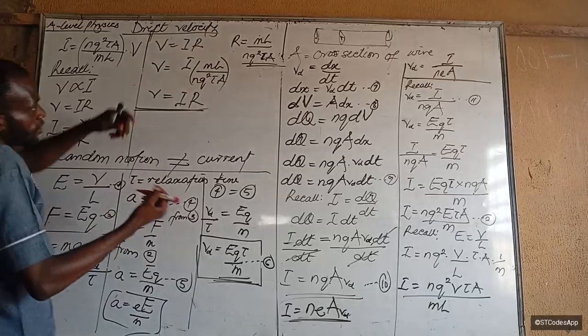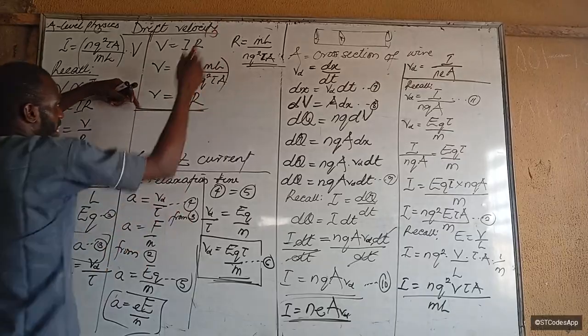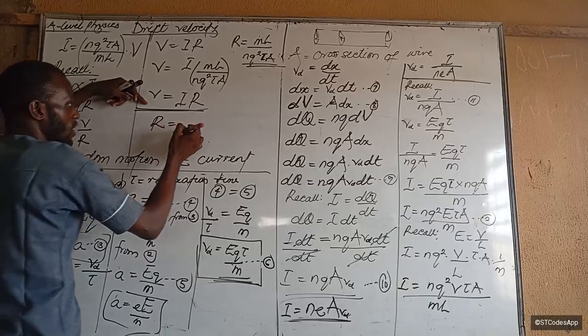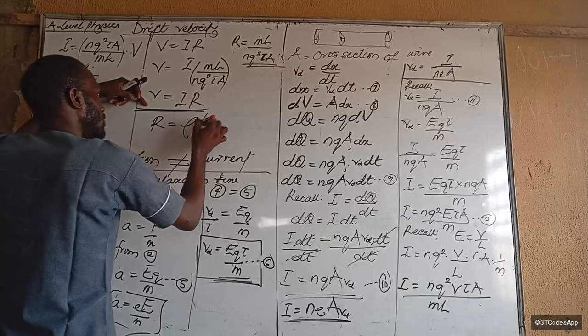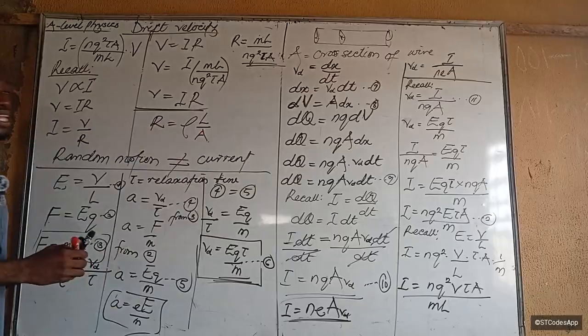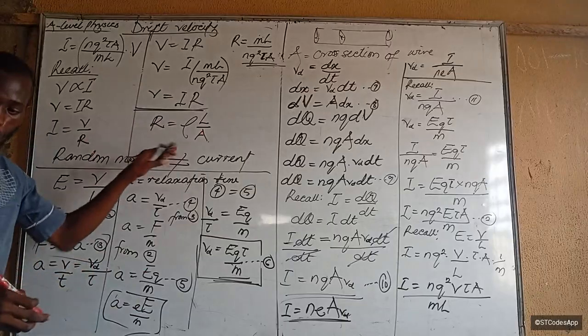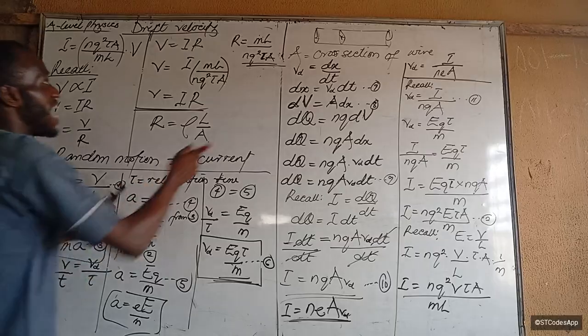Another thing I can also do is this. Recalling that resistance is actually equal to resistivity times L over A. If this law holds, then we can already isolate this.